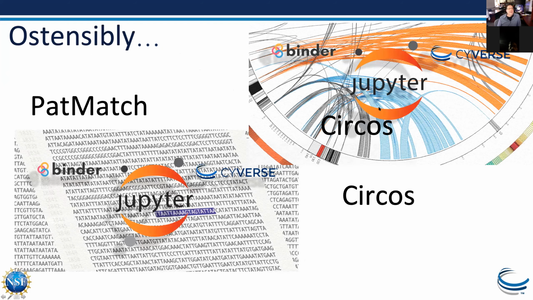So as we talked about, I'm ostensibly here to talk to you about PatMatch and Circos, and I think these actually bookend very well, because PatMatch is kind of straightforward. By the end of this, you'll probably be an advanced user of PatMatch, whereas Circos has a lot of artistic and creative features to it, so there's no way I'm going to be able to touch on all of it.